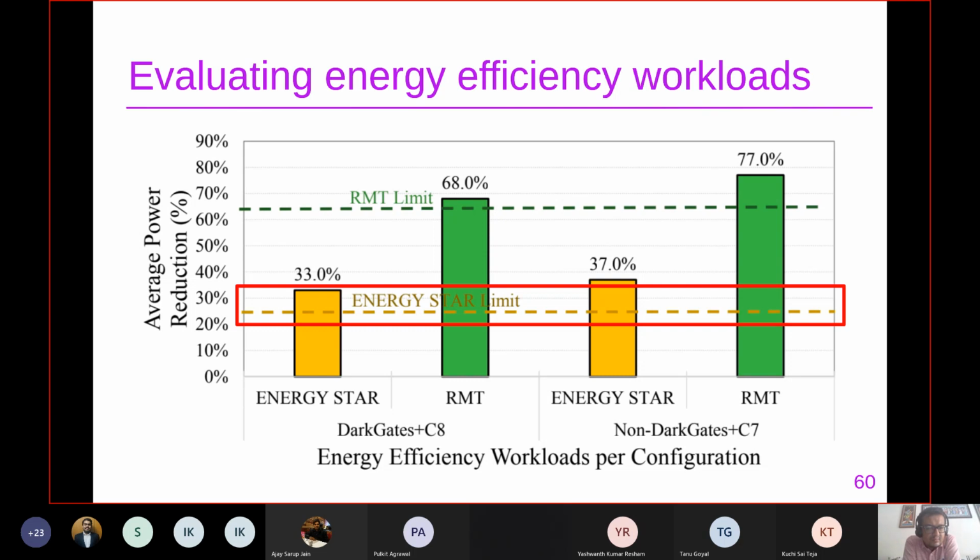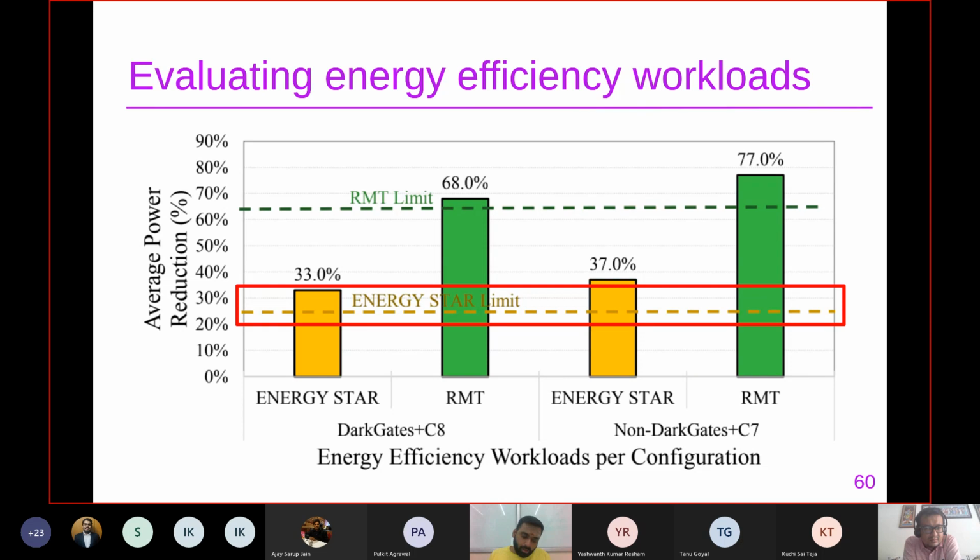Energy Star, give me a moment. These are benchmarks written keeping a particular attribute in mind. The Energy Star workload is meant to check how much benefit we achieve out of power gating. And what exactly is RMT?